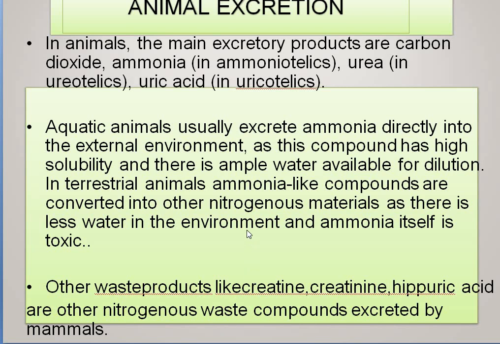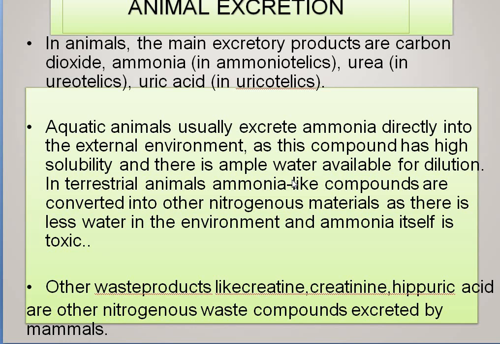Now in case of ammonia, as I was telling, this product is highly toxic and it causes considerable loss of the body's water at the time of its excretion. So it is usually found in aquatic animals. Now in case of urea, this product is a little less toxic than ammonia and it causes less loss of body's water.